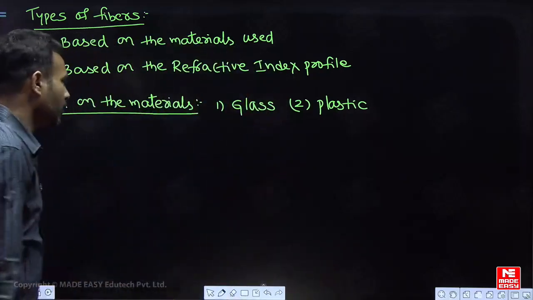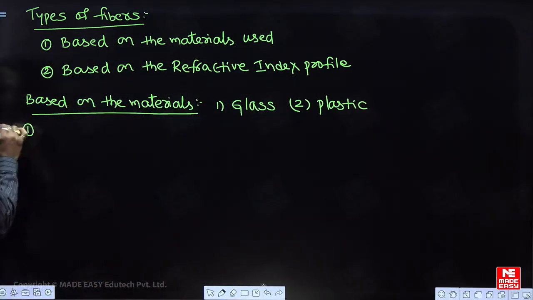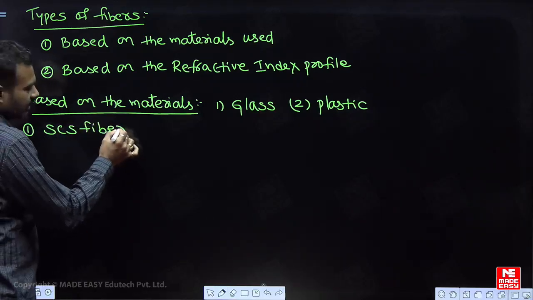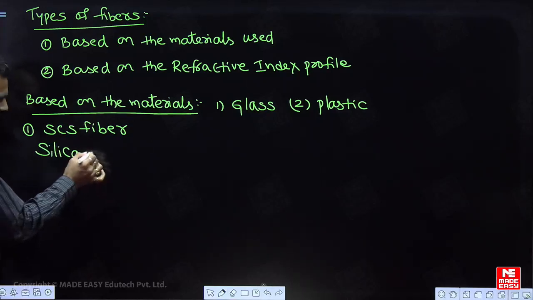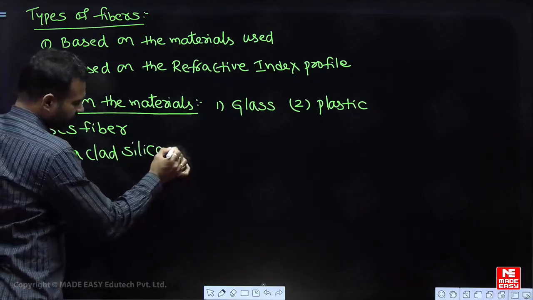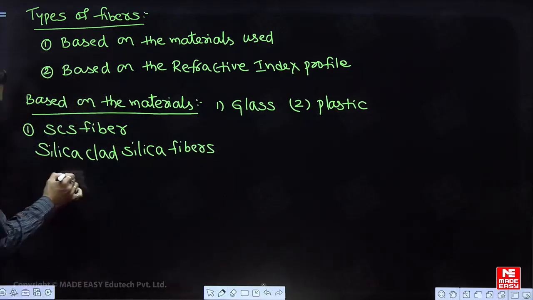Now we are discussing the fibers. The first fiber is called SCS fiber. SCS stands for silica clad silica fibers.